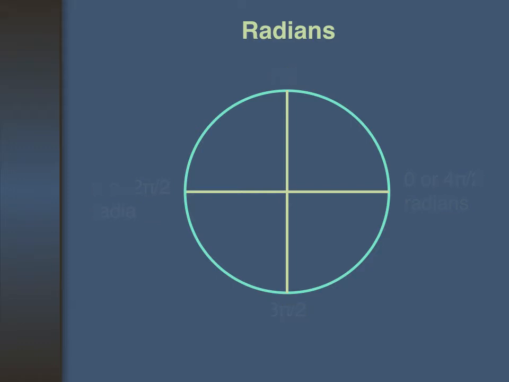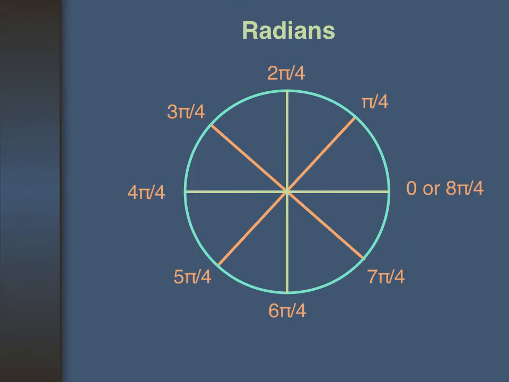All right, now what if we divided each of these in half again? This is now our pi over 4 family. So starting at 0 radians, let's go right around the circle. And we're conveniently not going to simplify the fractions so that you can understand these are all part of the pi over 4 radian family.